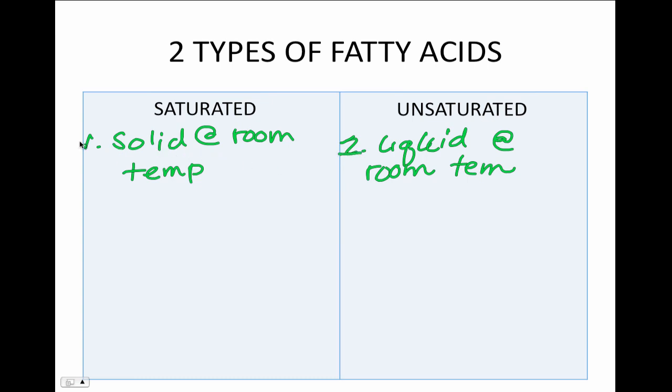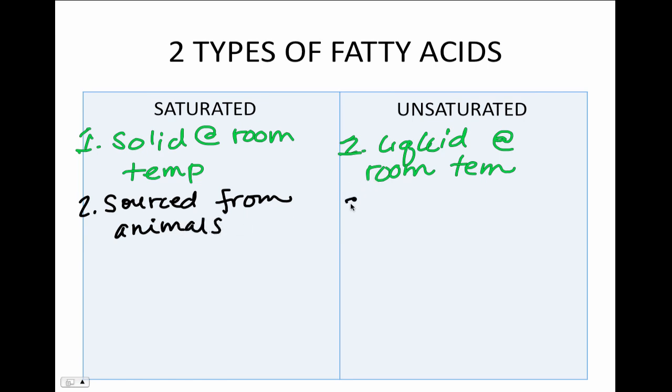And our saturated fat is sourced from animals. And our unsaturated fat is sourced from plants.